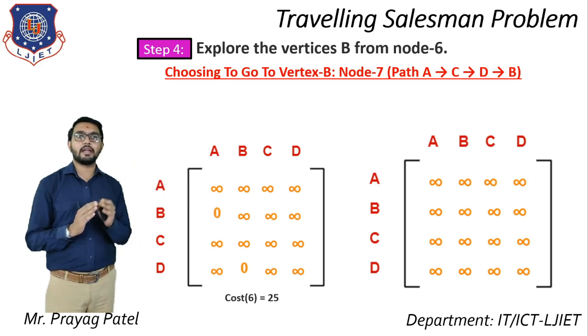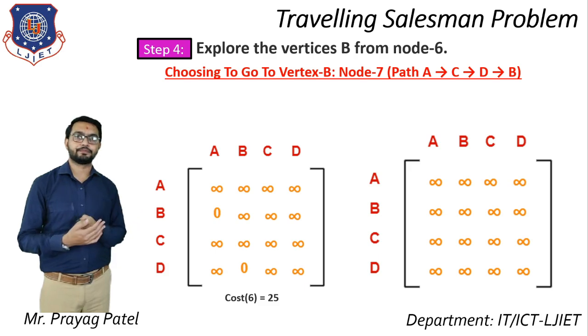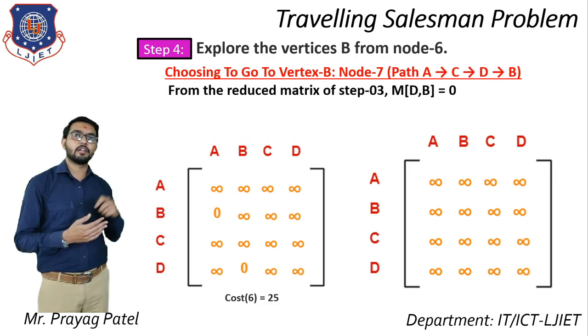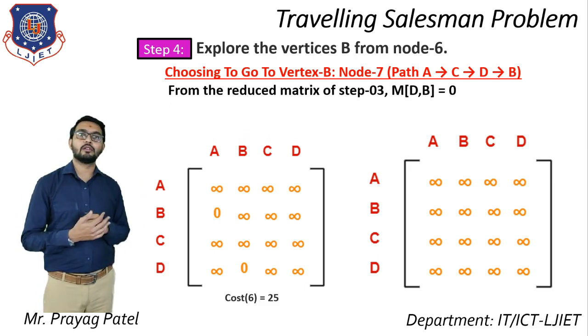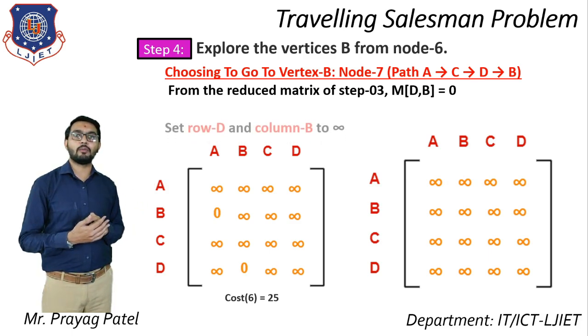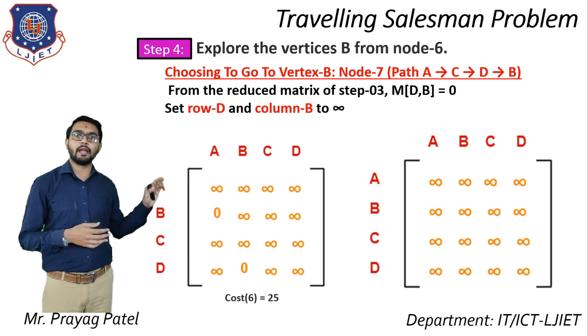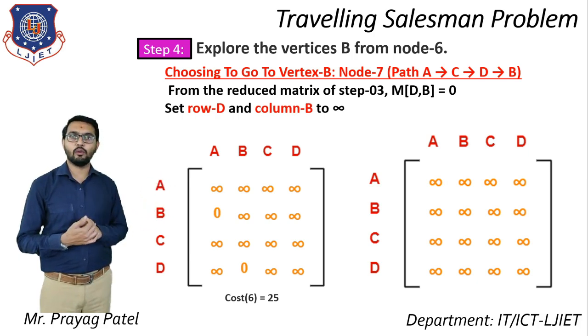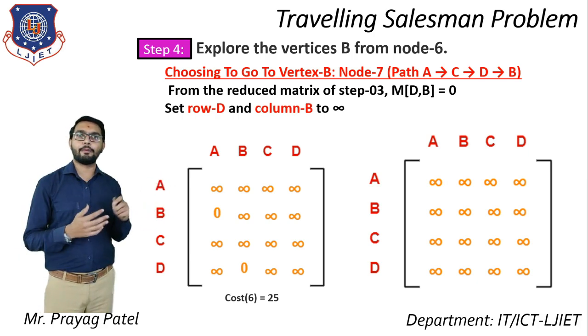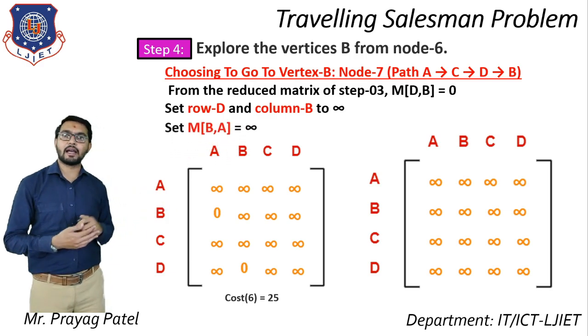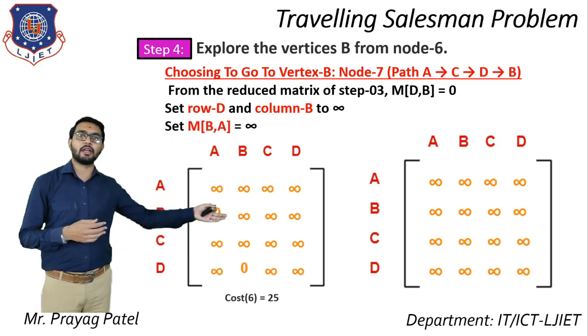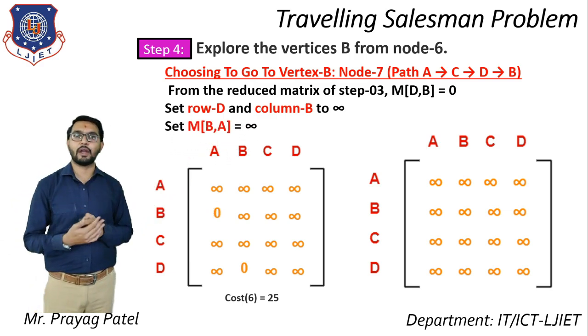Consider path from A, C, D and B. Now for that consider the old value of DB. So here consider the last two elements as your value. Now the last two elements, column and row, are considered as infinite. So row D and column B are considered as infinite, and location M of BA is considered as infinite. So this is the second matrix, consider it as your infinite matrix.